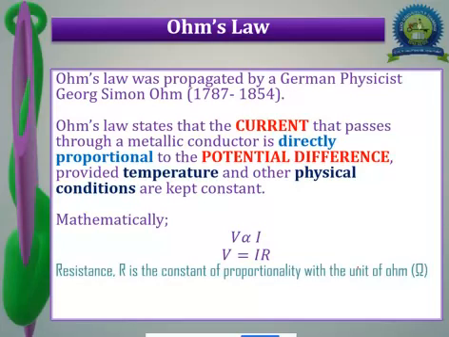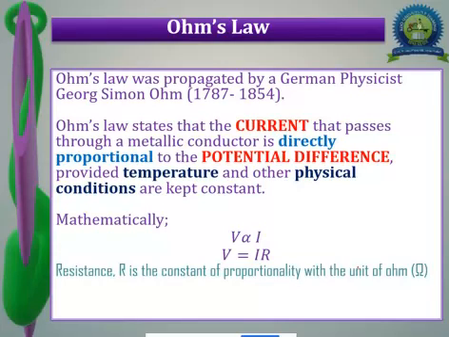The current I is directly proportional to what? To the potential difference. What's the potential difference? The potential difference is the applied voltage to the terminals of the metallic conductor that causes the flow of electrons in that material.